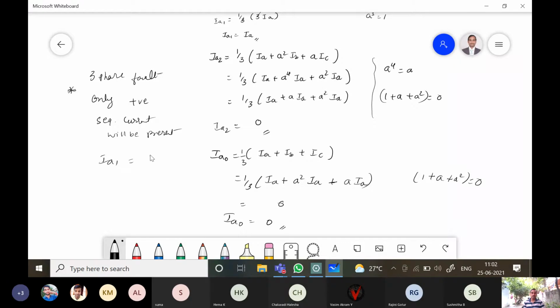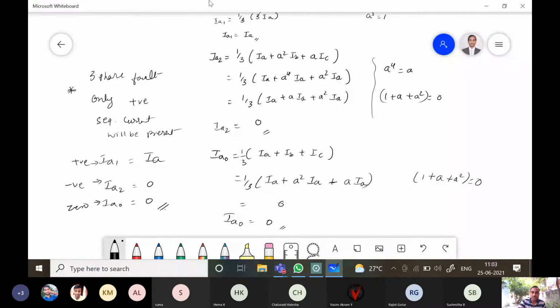IA1 is there, which is equal to IA, and IA2 and IA naught, the negative sequence component and zero sequence component, will be absent. Only the positive sequence current is present. Okay, so now the sequence components of current are over.